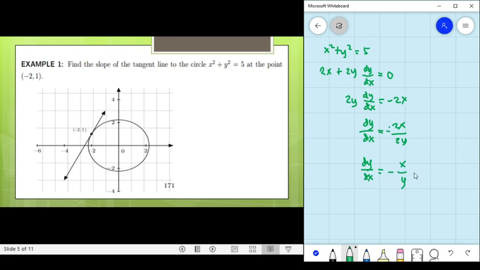And since we have this at point -2, 1, what we shall do is replace x and y with the values, which is the negative of -2 over 1, which is simply equal to 2. So therefore, the slope of the tangent line is 2. Okay?